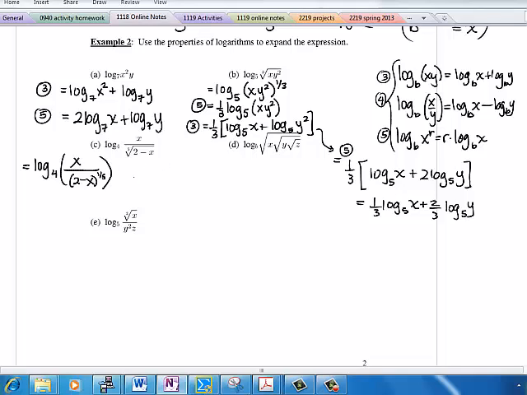And then right away we've got a quotient, so we'll use property 4 this time. Log base 4 of the numerator minus log base 4 of the denominator.